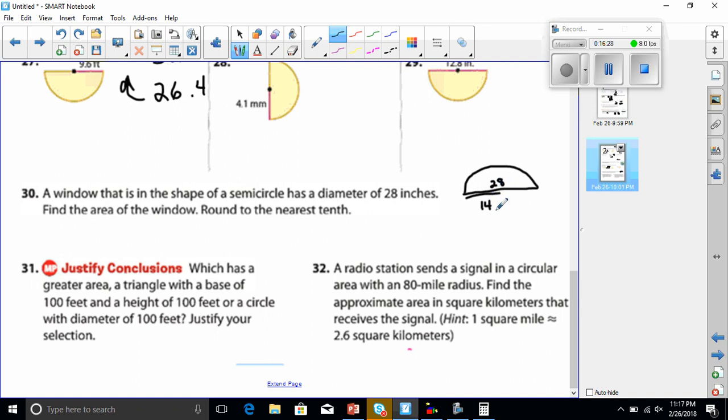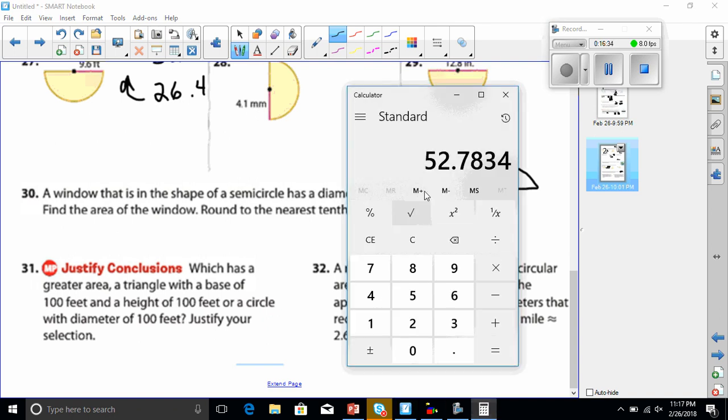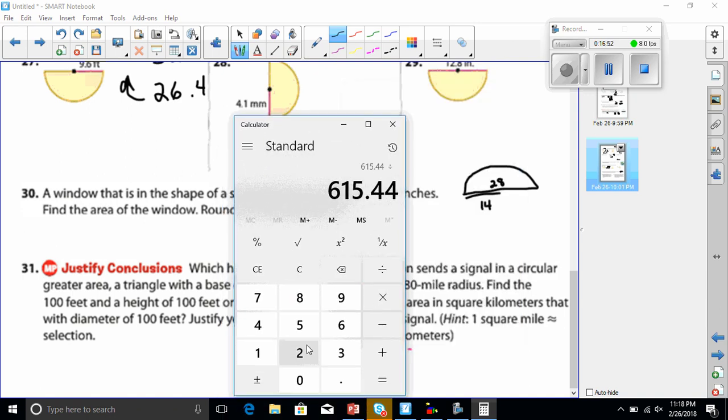We have to take 14 and multiply that by 14. So we're going to have 14 squared, or 14 times 14, either one. That's 196, and then we're going to multiply that by 3.14. When we get our answer, remember, we're not quite done, because it's a semicircle, we have to divide that by 2.